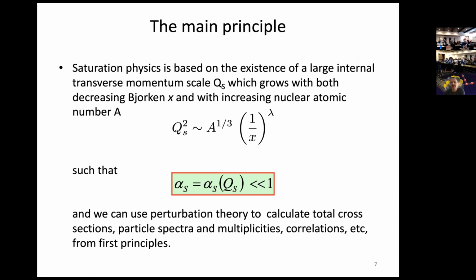It will become a little bit more apparent as we go into more details. But it's really that as you increase your energy, or you decrease the Bjorken x of your calculations, the saturation scale should grow as a power of 1/x. Okay.